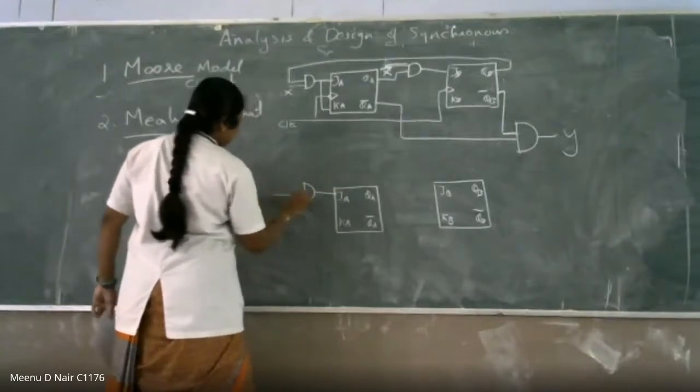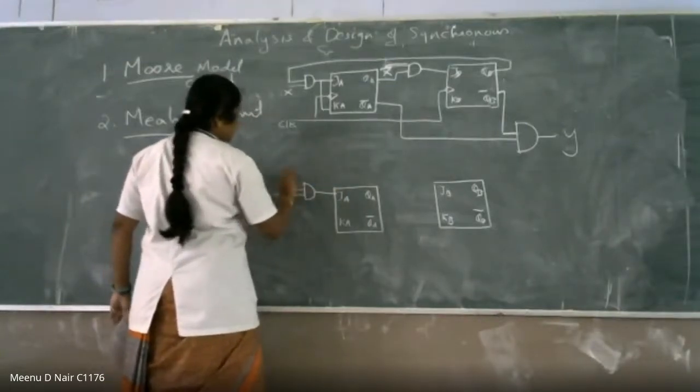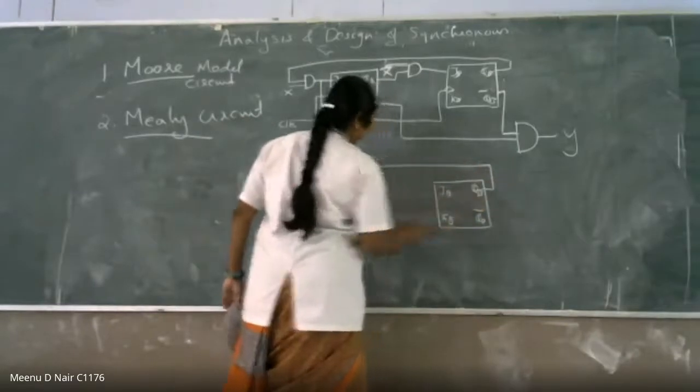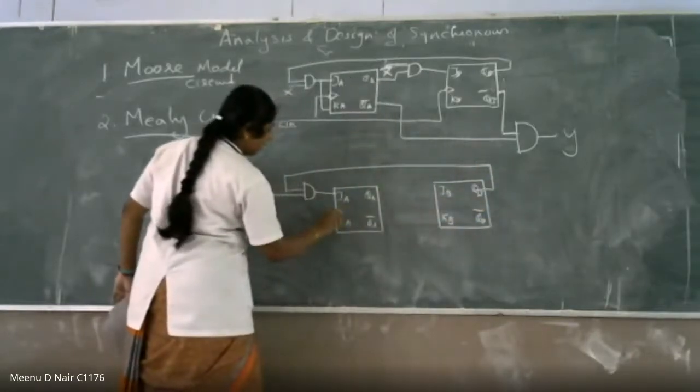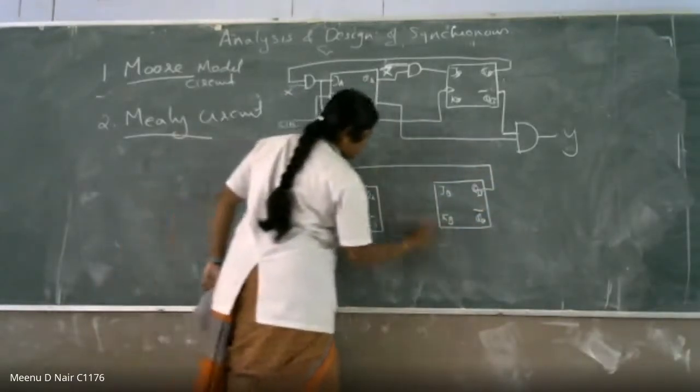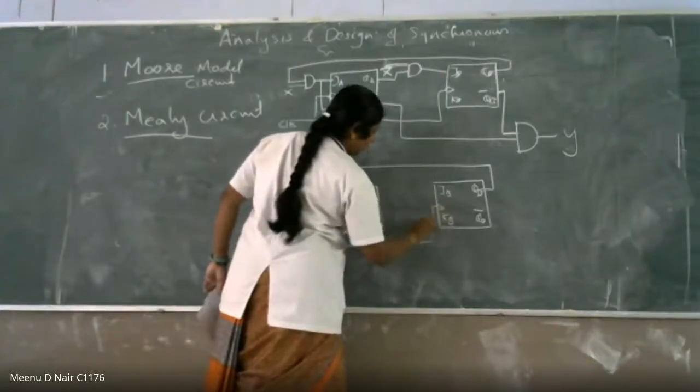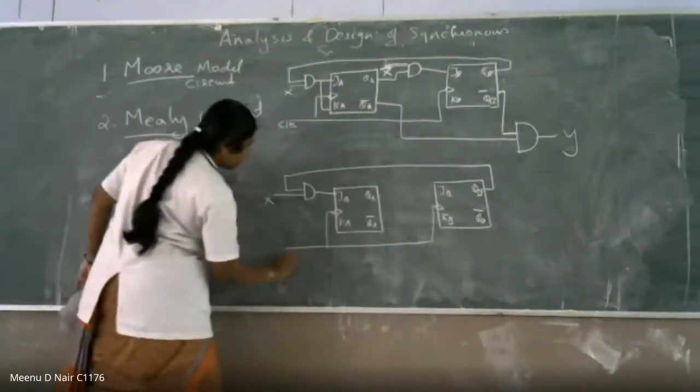This is X, this is QB, and it is clocked at the same time. This is clocked together. This is clock.